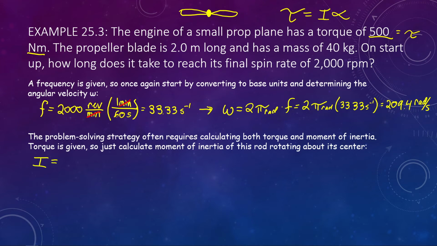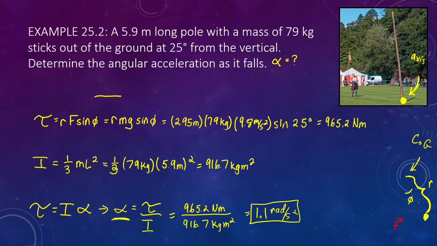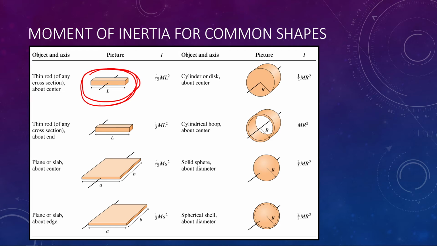Well, we don't use the same equation as the last problem, which was 1/3 ml squared, because this is a different shaped object. Let's go back to our common shapes table. We have a blade spinning about a central axis. So what that means is we're going to be using a different equation, because this time we're using this shape, a rod, in this case a blade, spinning around its middle axis. So this time we're going to be applying the equation 1/12 ml squared.